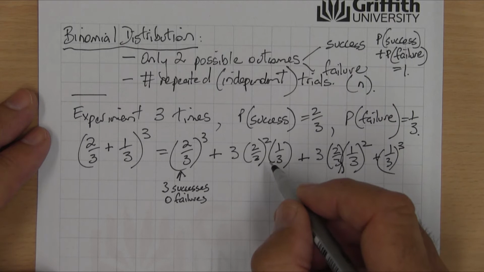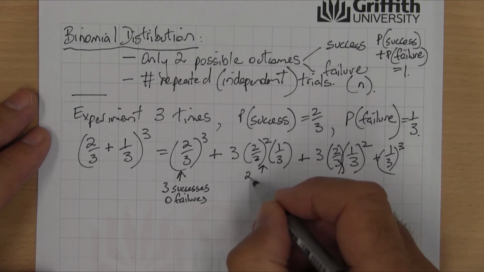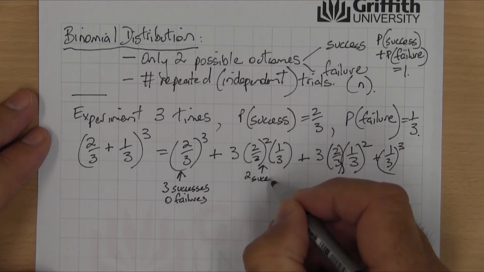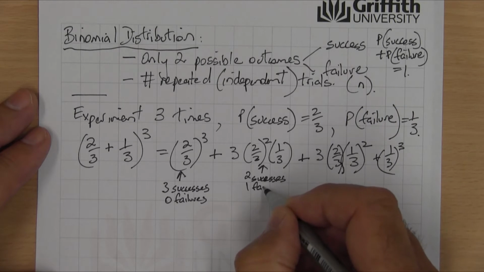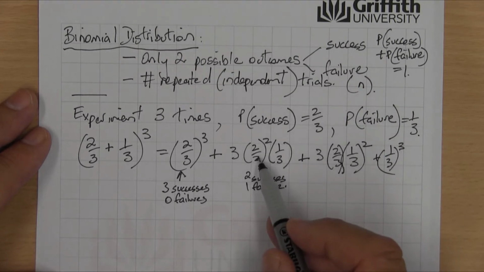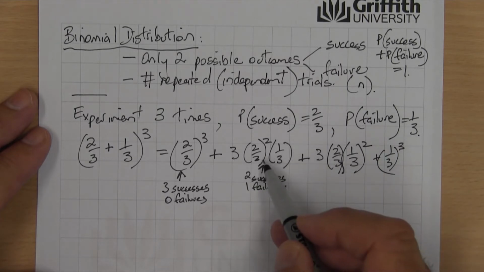This is the probability of 2 successes and one failure. Alright, so that's 2 successes and 1 failure. But why do we need the 3?